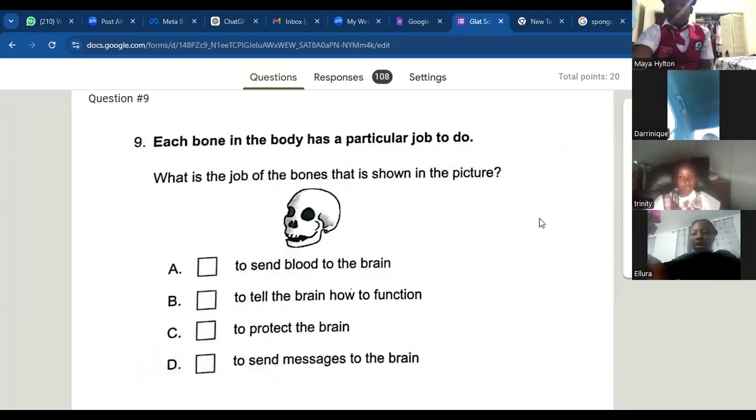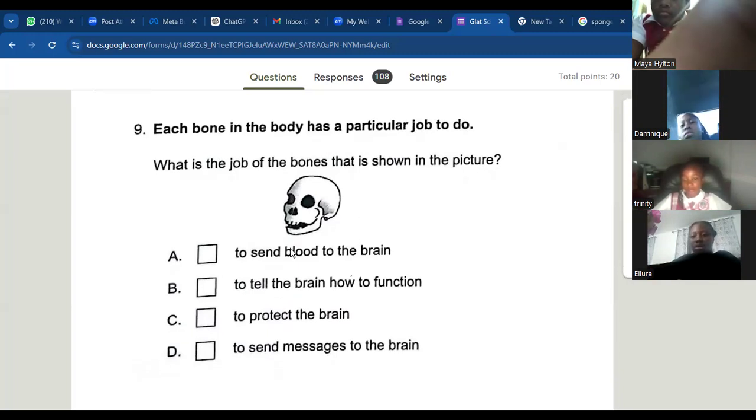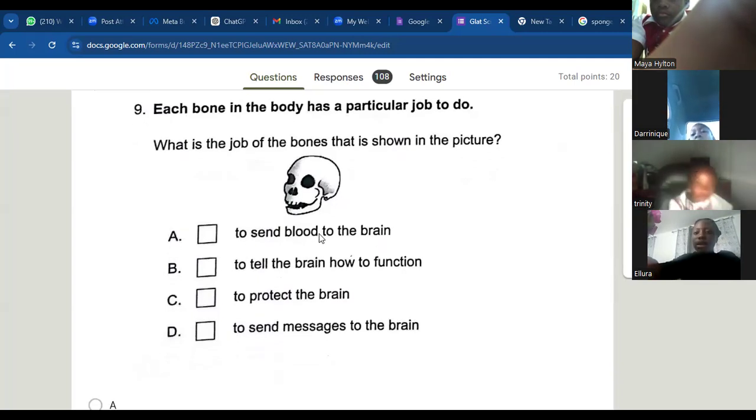Each bone in the body has a particular job to do. What is the job of the bones shown in the picture? Read the options. A. To send blood to the brain.